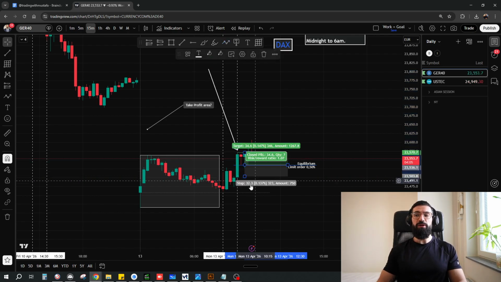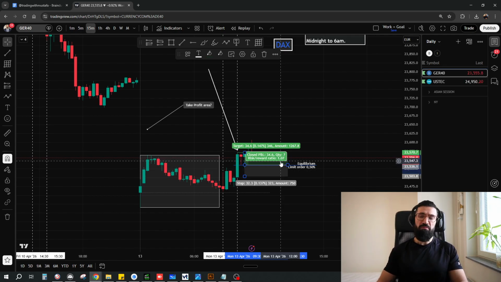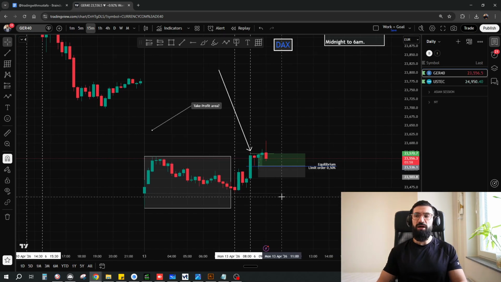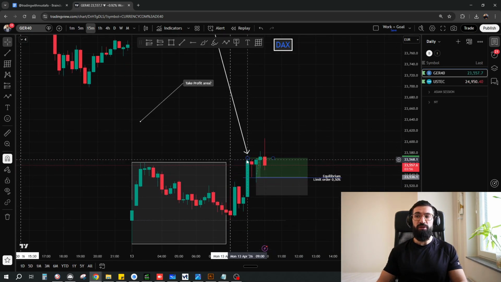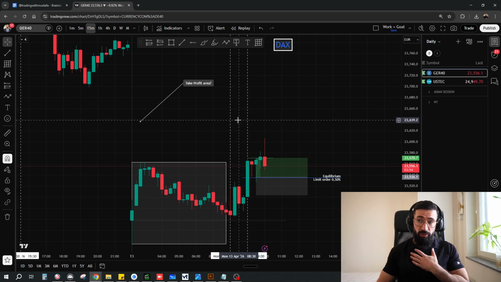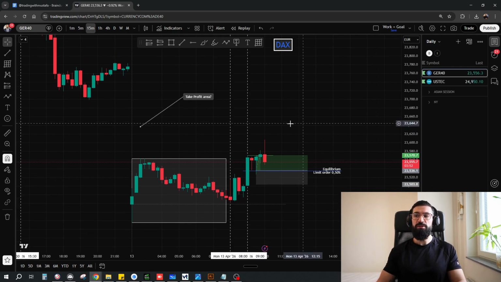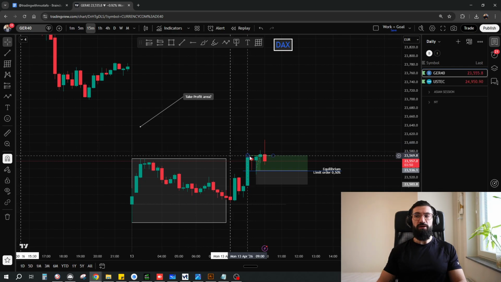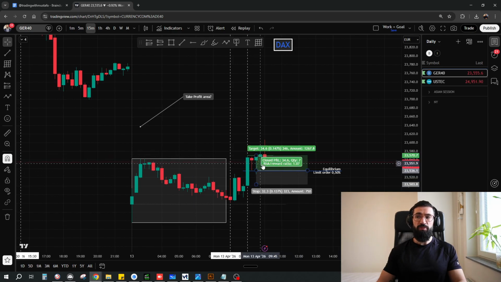Now, you're maybe looking at this and saying, this is a one-to-one risk reward. Is it worth it? It's worth it because there's a high probability of it taking out the first liquidity area right here. Maybe it's not worth it for somebody else. Taking out this liquidity right here and then reversing to the downside. That's why I took my first take profit right here.